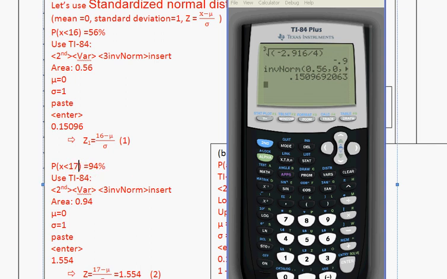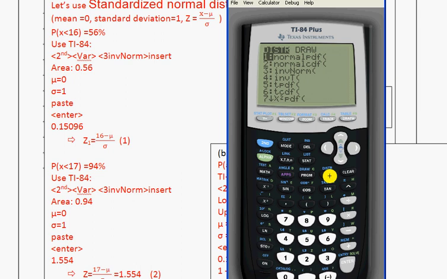again, we press second vars, we use inverse normal line 3, this time it is 0.94, right? We just press enter, enter, enter, enter, and we find, oops, we did something wrong.